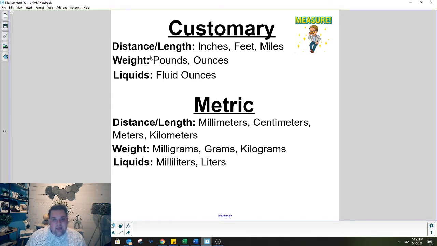For weight in customary, you'll hear pounds and ounces. And for weight in metric, you'll hear milligrams, grams, and kilograms. And then lastly, for liquids or for capacity, you'll hear fluid ounces with customary units and milliliters and liters with metric units. So we're going to talk about how you can convert between the two together today.